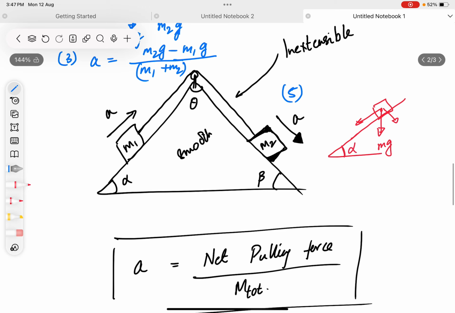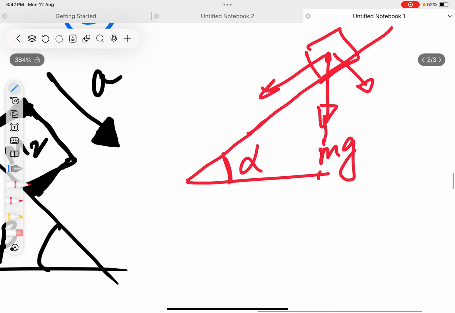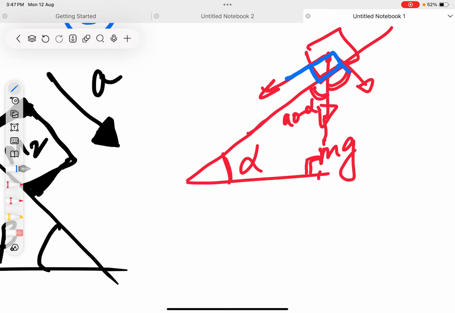If this angle over here is equal to alpha, then we can say that this angle is 90 degrees, which means that this angle over here will be 90 minus alpha. Since the total angle is 90 degrees, out of which this particular angle is 90 minus alpha, this angle is the same as this angle. They are both 90 minus alpha only. This angle will be your alpha itself, right?